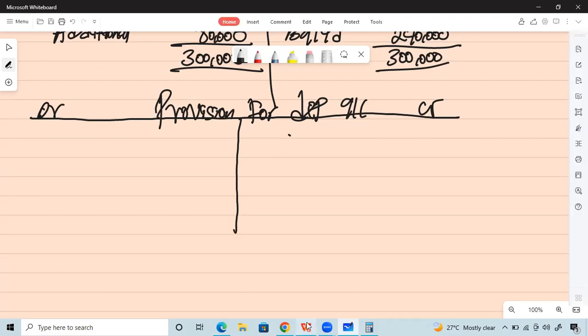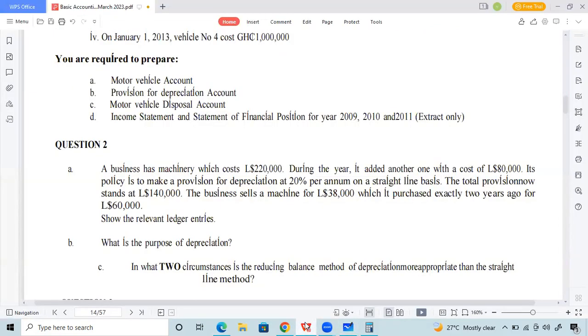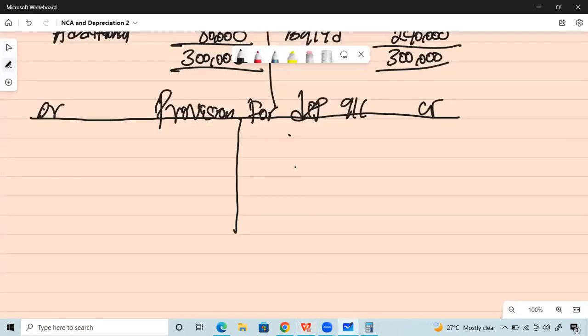So go to the question. Let's say the total provision now stands at, so this is the balance brought forward. I mean, the balance brought down, or whichever you call it. As at now, we have 140,000 naira.